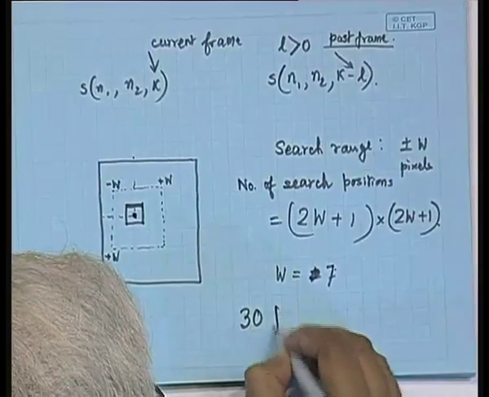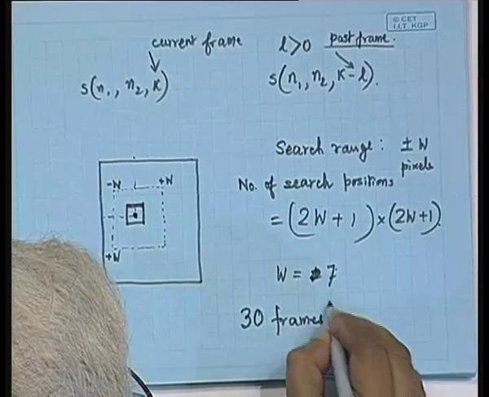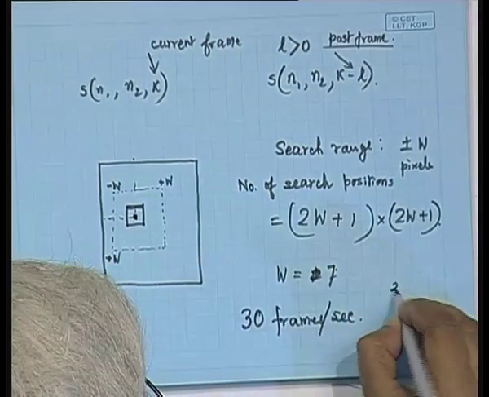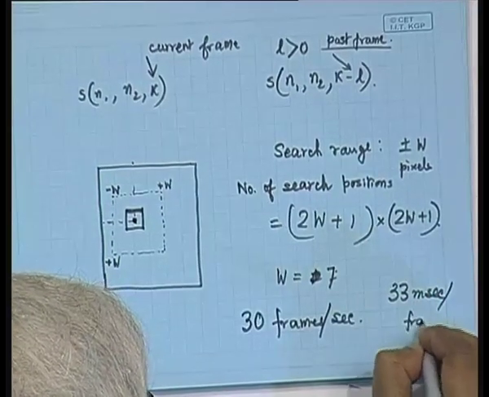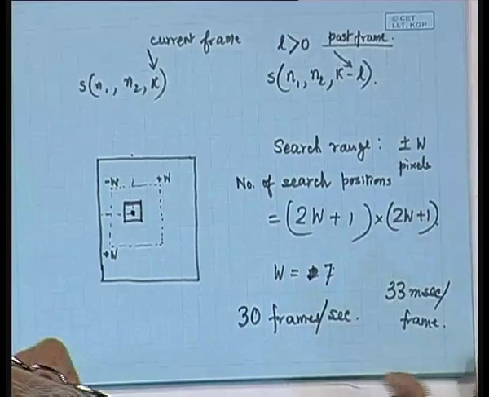You have got only 33 milliseconds at your disposal. Whenever you have a frame rate of 30 frames per second, you have only 33 milliseconds per frame to encode the frame.